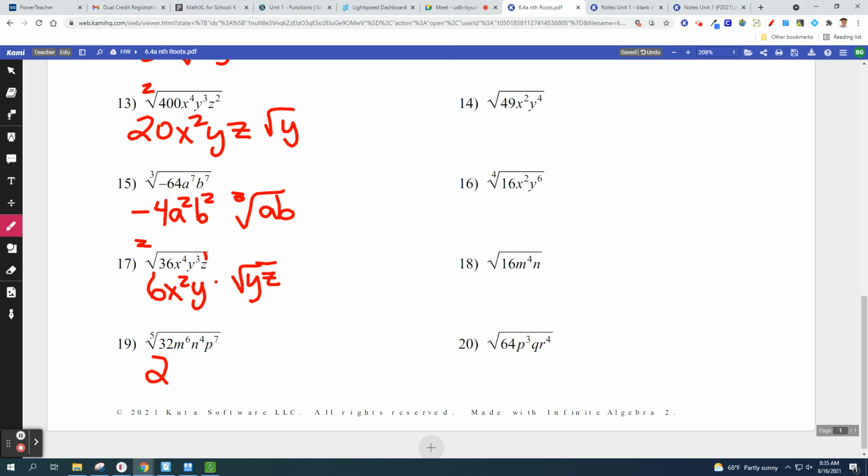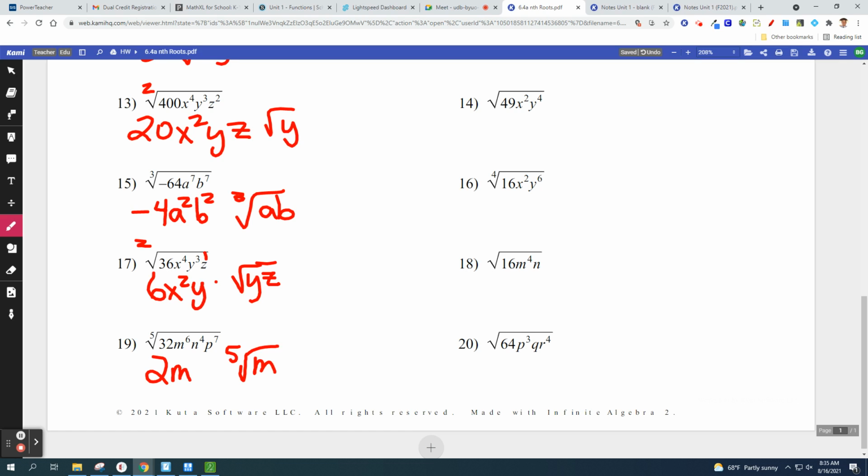Now think about it. How many times does 5 go into 6? Once, with how many left over? Right, 1 remainder 1. So you're going to have 1 come out, and you're going to have 1 stay in. 5 goes into 4, how many times? Right, 0, with 4 leftovers, right?